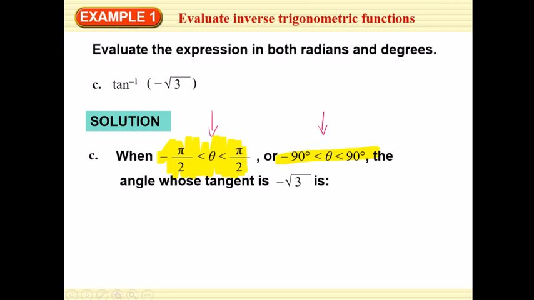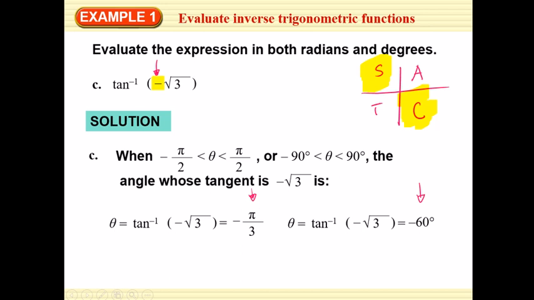The angle whose tangent is negative radical 3 is going to be negative 60 degrees, which means that it needs to be negative pi over 3. They're writing it backwards than I would. I would normally find my degrees first and then find my radians from there, because I'm just so used to working in degrees.